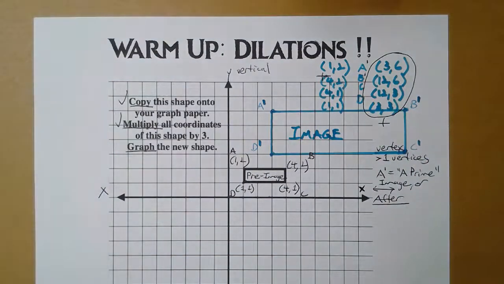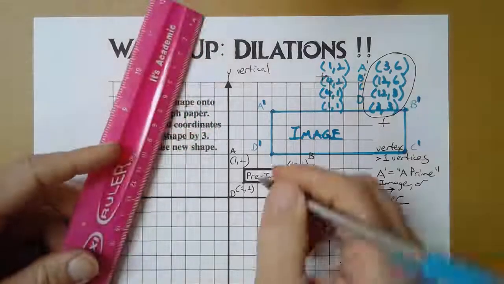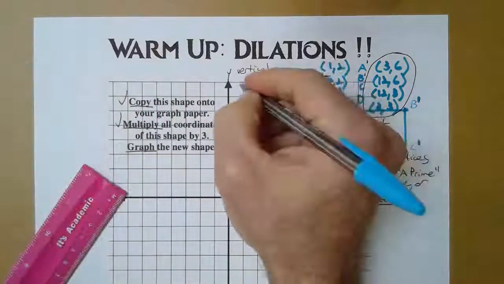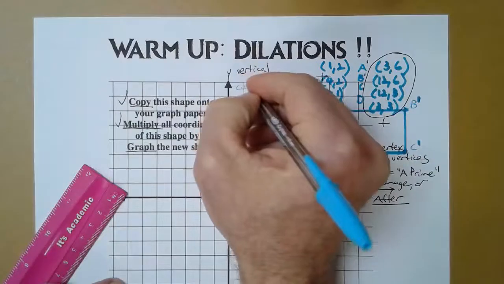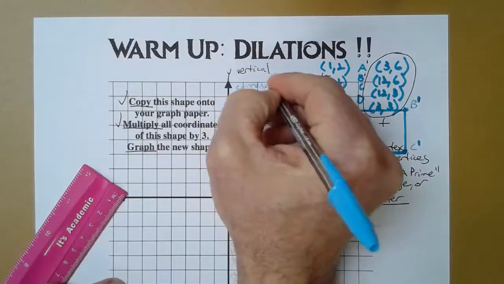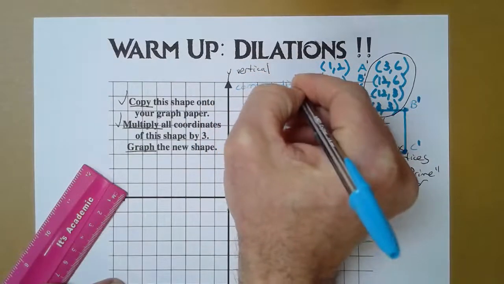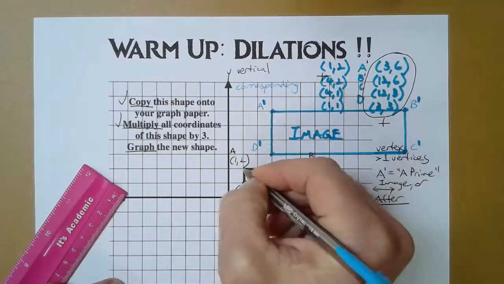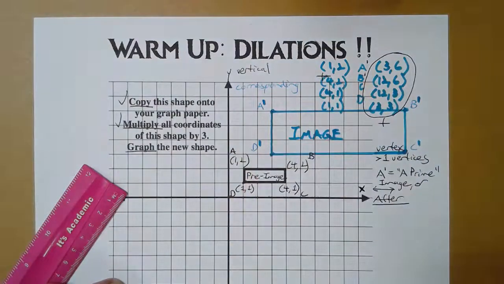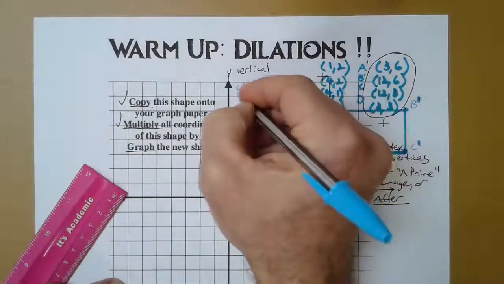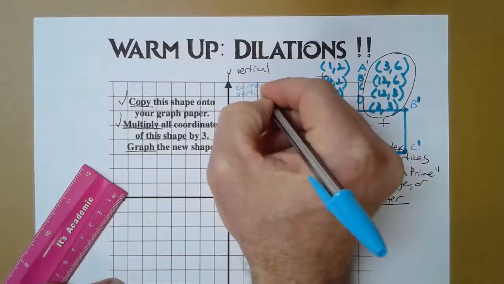And just for fun, like using a projector, I'm going to connect the corresponding, meaning the same vertex in the same place on a similar shape, corresponding vertices. I'm going to draw some lines here.